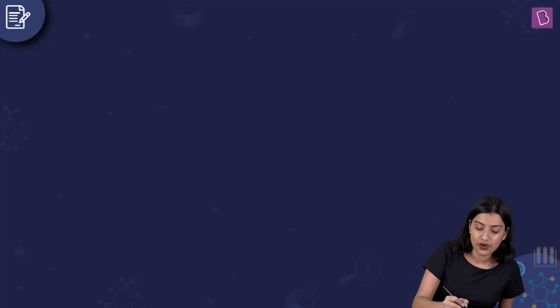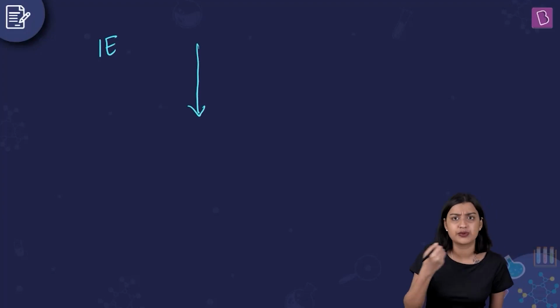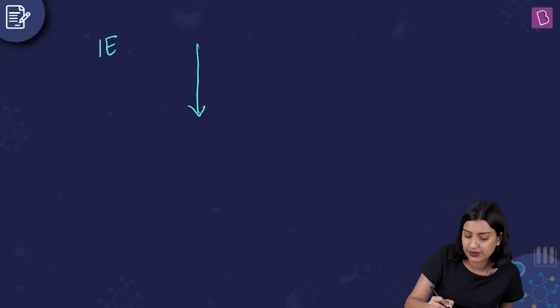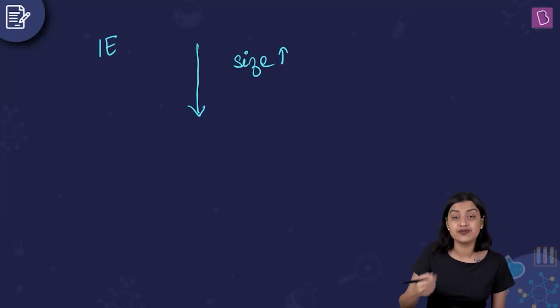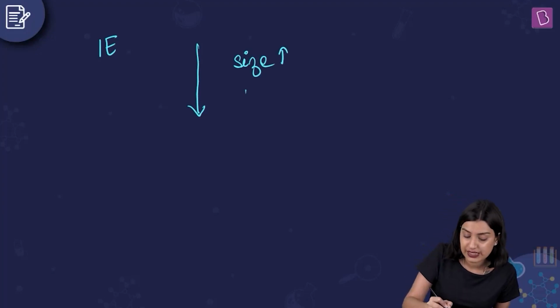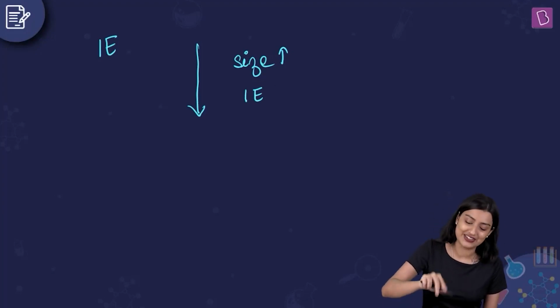What happens to ionization energy as you move down the group? This is pretty simple. As you move down the group, the size of the atom increases, and as the size of the atom increases, the ionization energy, sorry, ionization energy decreases, right?